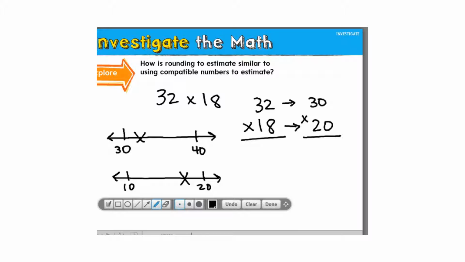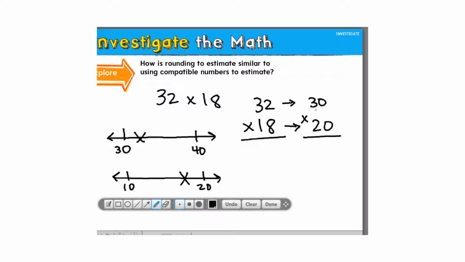Just like what Angelina said, 5 or more, you up the score. So if that second number is 5 or more, you're going to go up. 4 or less, you leave it the same. Because the numbers we're looking at are powers of 10, so we're counting by tens.